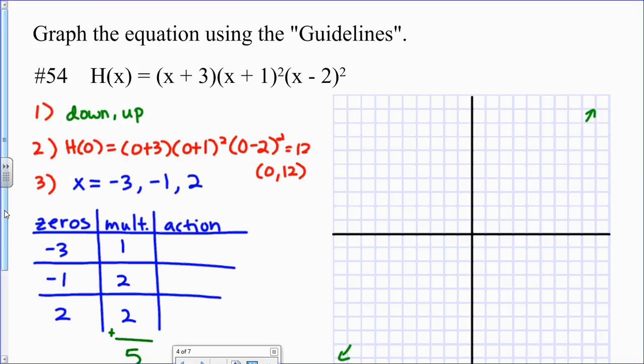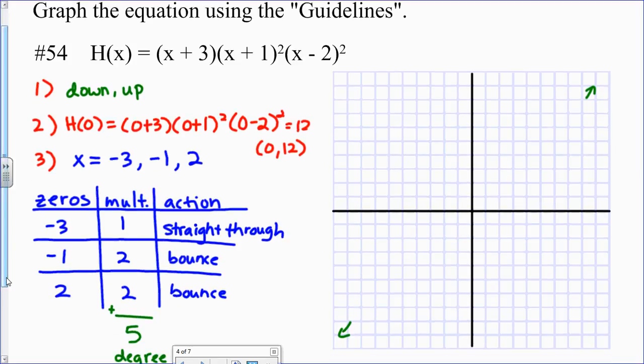All right. Let's talk about the actions from the multiplicity. So at -3, multiplicity of 1, I go straight through. And at -1, I bounce, and at 2, I bounce.